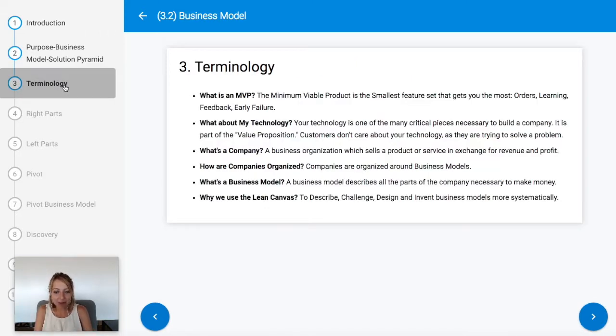Before explaining what a business model canvas is and how to fill in this useful tool to build your business, your startup, we need to know some terminology. First of all, what is an MVP? MVP is the minimum viable product. This is a small feature set that gets the most orders, learning, feedback, early failure.